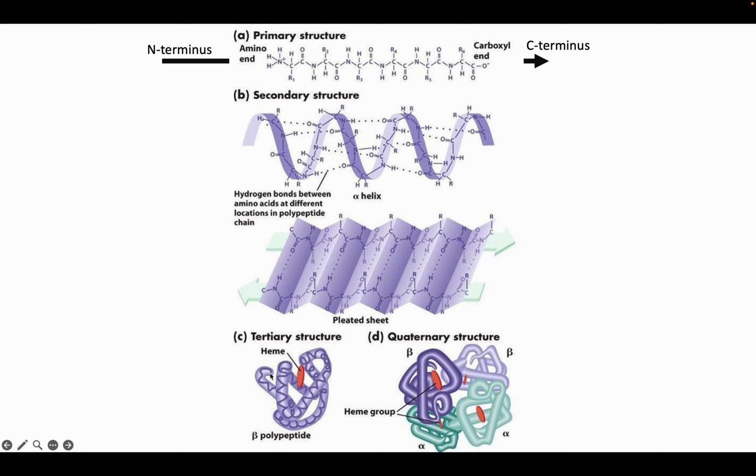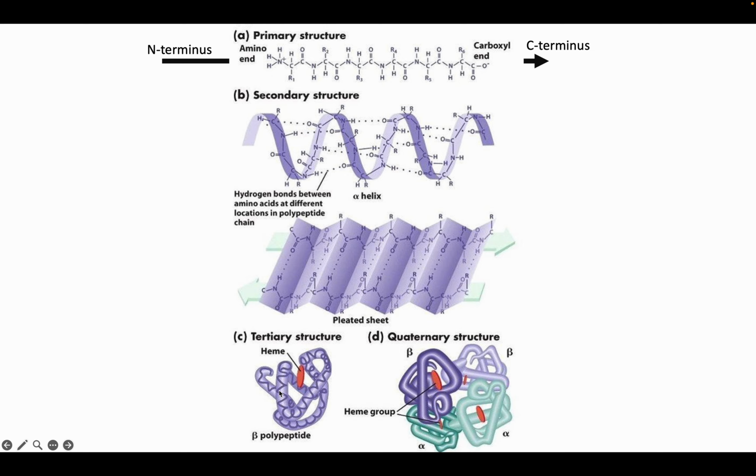Tertiary structure is how the protein folds up into a three-dimensional shape, and that tertiary structure is often made up of unstructured turns, alpha helices, and sometimes beta sheets. This is an example of a subunit called hemoglobin. The thing is that often proteins don't act all by themselves.